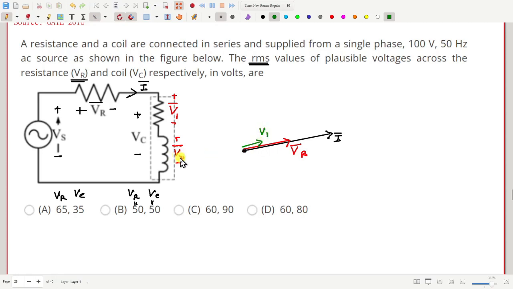And V2 will be 90 degrees leading, maybe here. Now if I add V1 plus V2, the resultant will be here. This is VC.